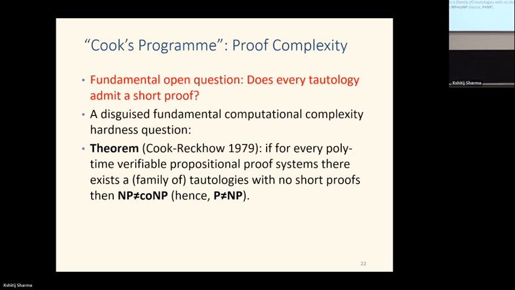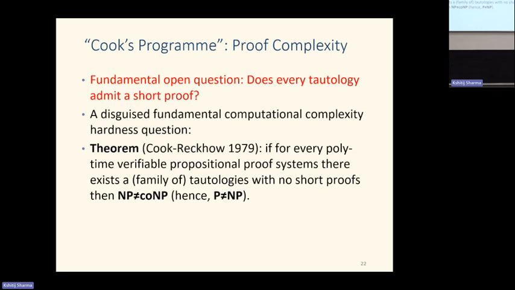And here is Cook's program for proof complexity, more or less. So it says the following. Cook and Reckhow, and it's from 79. If for every polynomial time verifiable propositional proof system there exists a family of tautologies with no short proofs, then NP is unequal to co-NP.